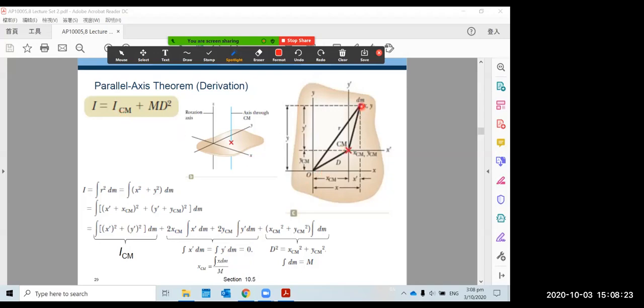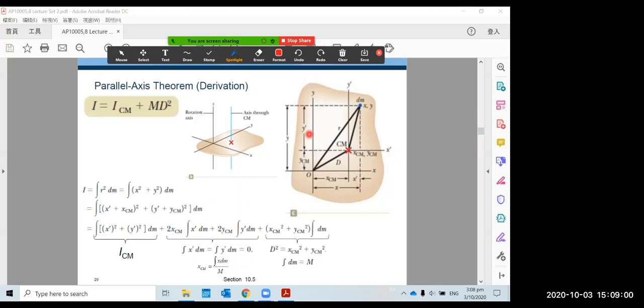For any particle on this plate, as compared to the axis z, it is at a coordinate x and y. For any particle dm, it is at a coordinate x and y from the origin. But relative to the center of mass, the coordinate would be x dash and y dash.